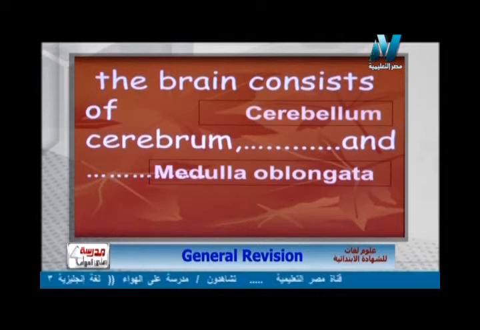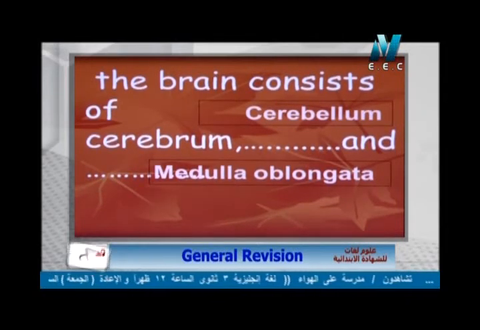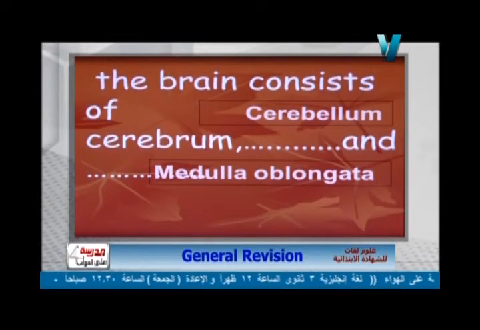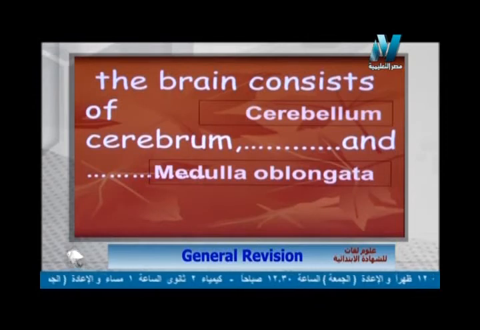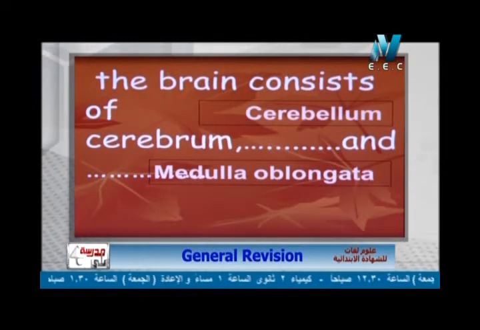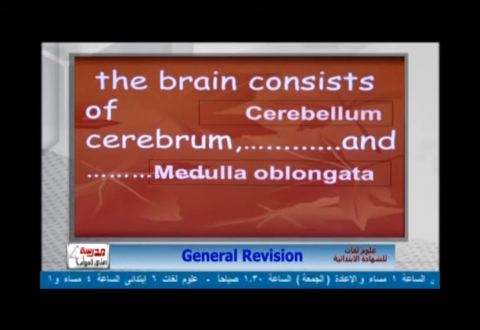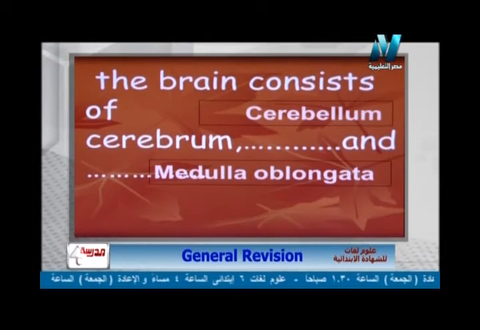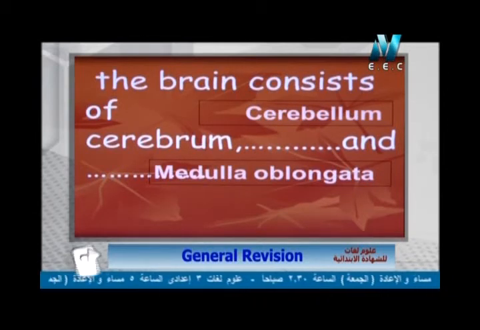And we have studied each function of each one of them. So I remind you, cerebrum is responsible for what? Responsible for voluntary actions, أو أفعال إرادية, such as walking, running, eating, and so on. And also cerebrum برضه مسؤول عن sense organs, أعضاء الحواس. And the cerebrum also is responsible for thinking and memory, التفكير والذاكرة.